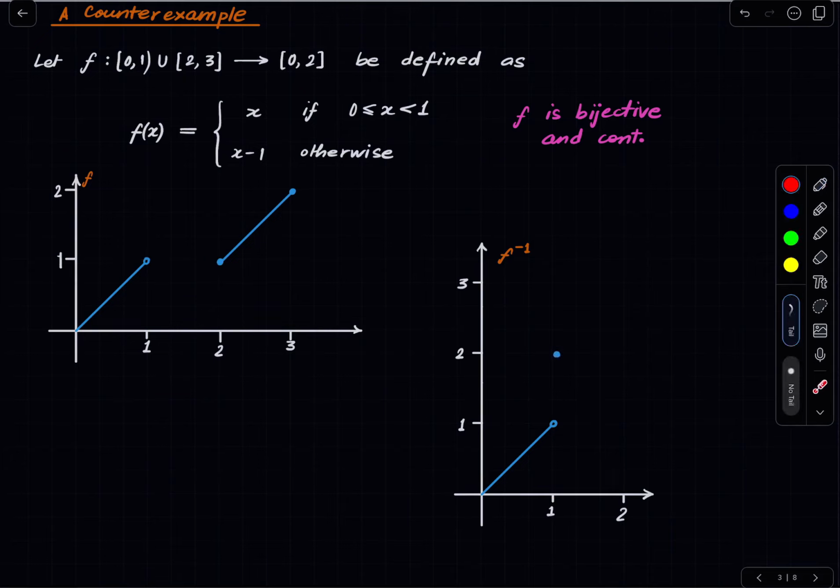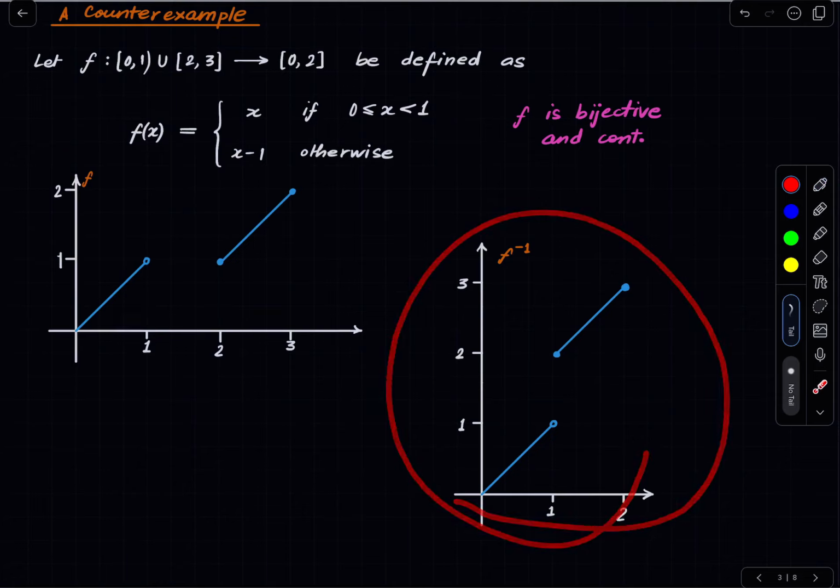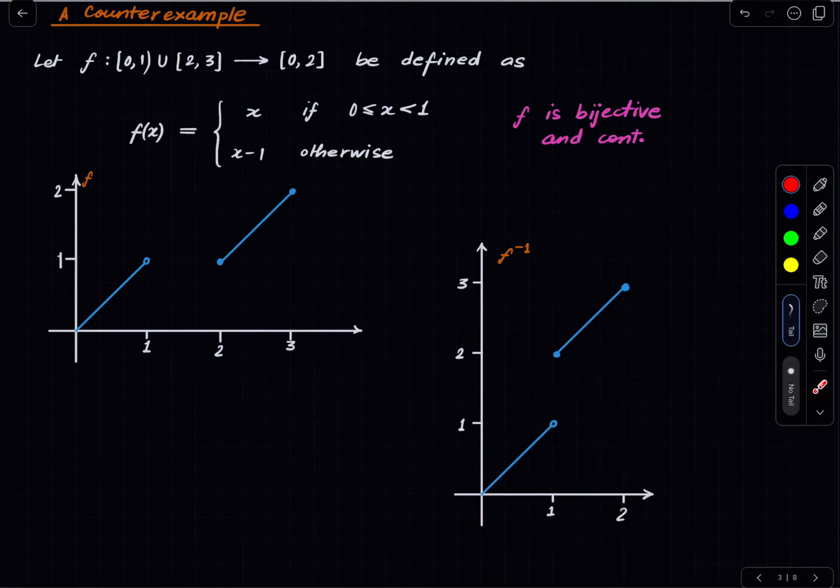Okay. And as I choose points higher than 1, I get these values, so they will map to that. I can only hope that the figure is accurate. So we see that this is the graph of the inverse, and clearly this is not a continuous function. If this were a continuous function, then since it is defined on an interval, the image of the function would also be an interval.